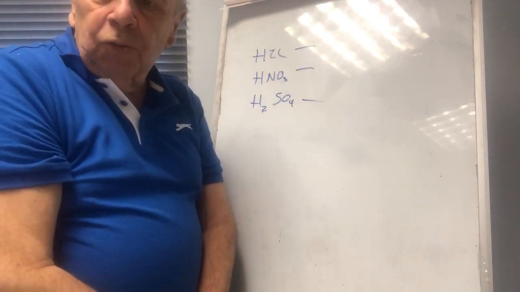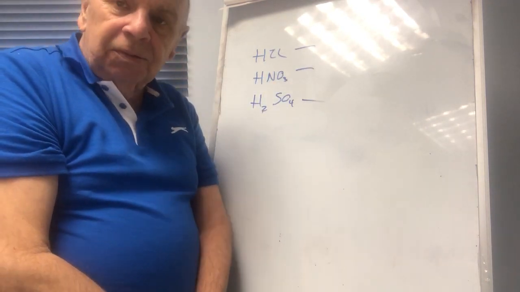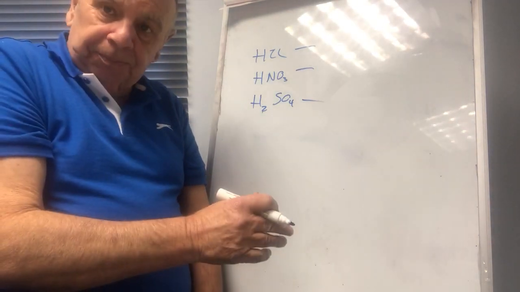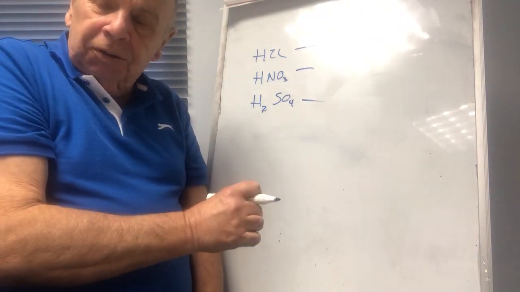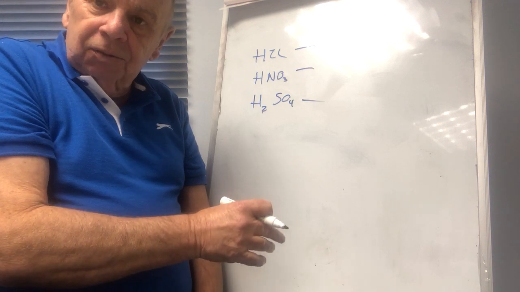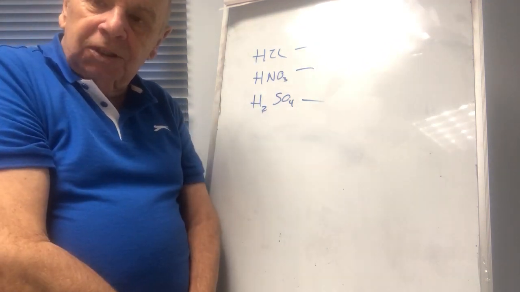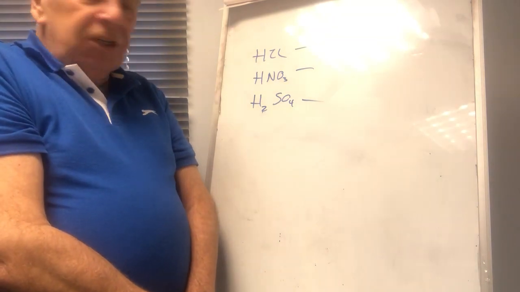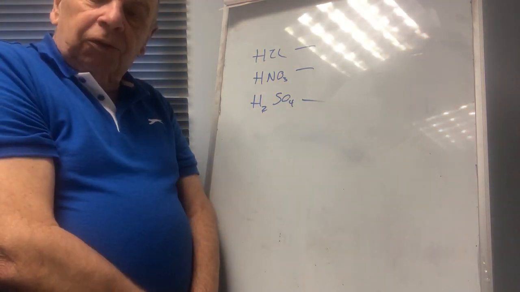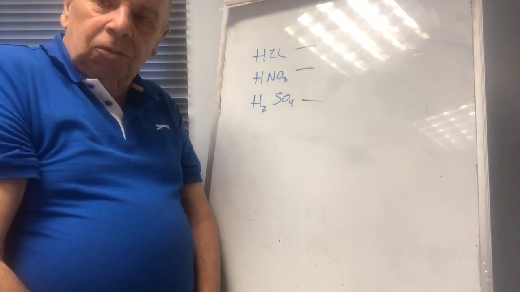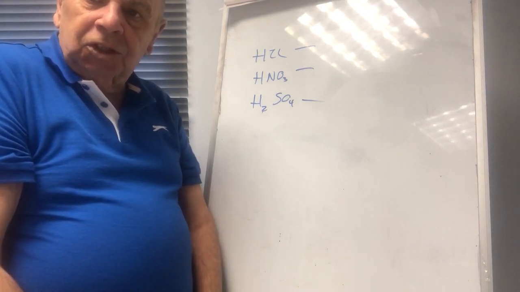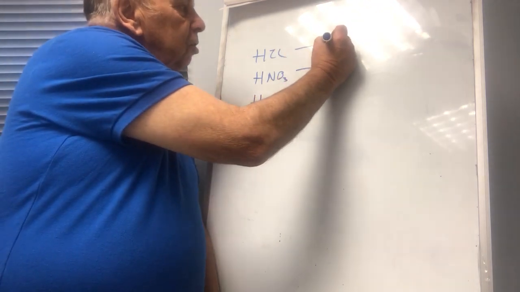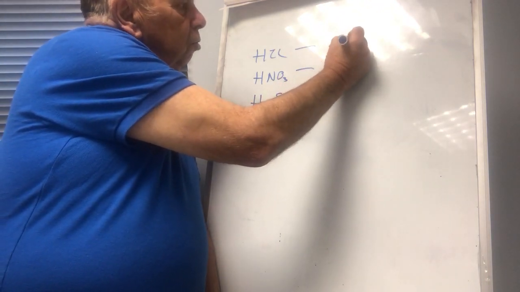When these react with things, they neutralise, and one of the products is always a salt. So if I say hydrochloric acid reacts with so and so, one of the products is a salt, and the salts of hydrochloric acid are called chlorides.